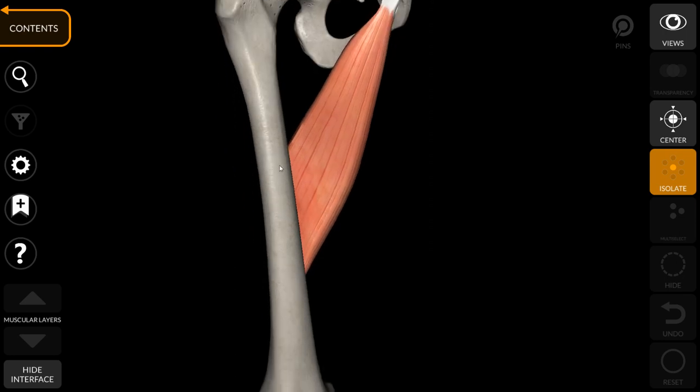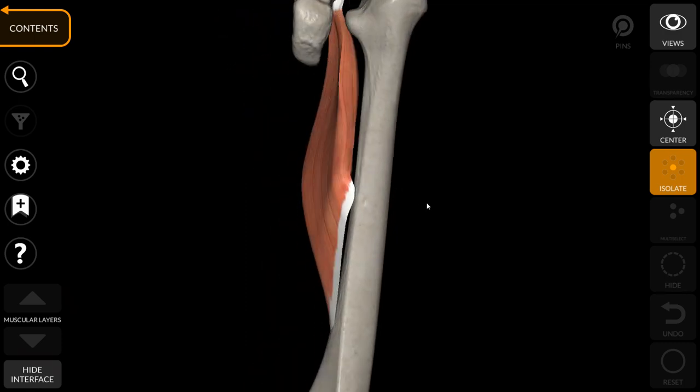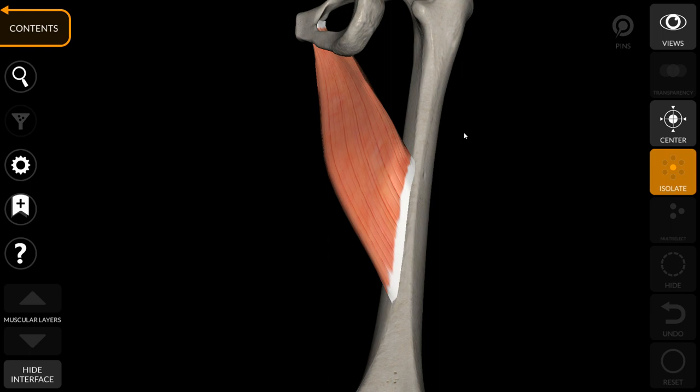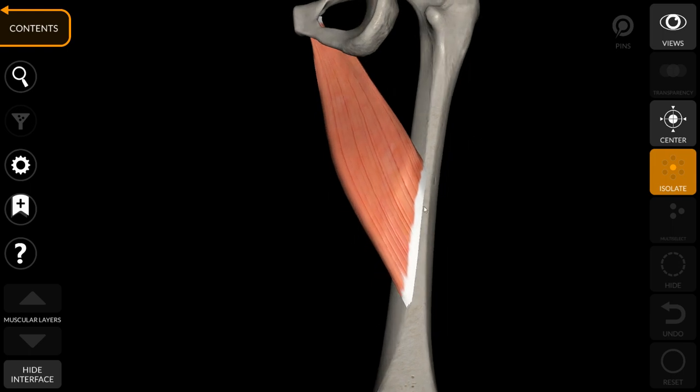Again, it attaches into the shaft of the femur, but not the anterior surface; it attaches into the posterior surface. And as you know, the posterior surface of the shaft of the femur is what we call the linea aspera. I explained many times that this vertical ridge becomes an attachment site for many muscles, whether as origin or insertion.